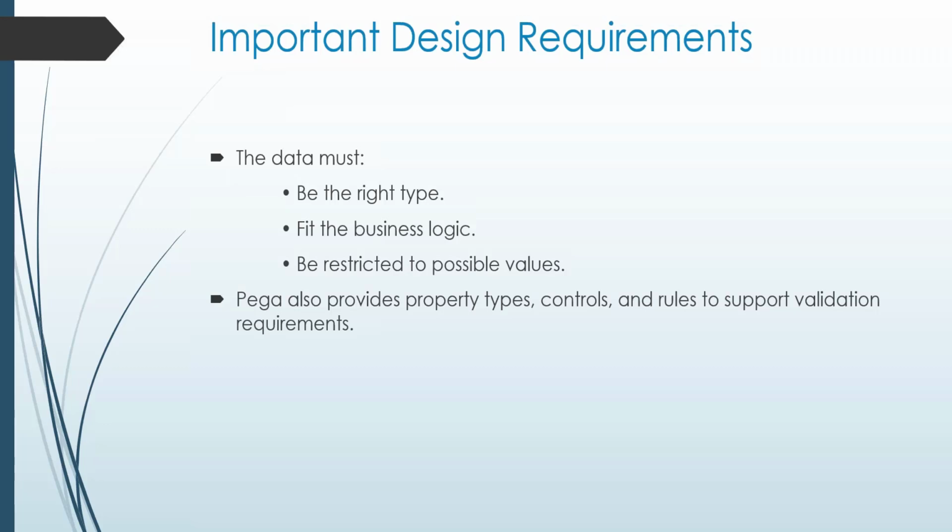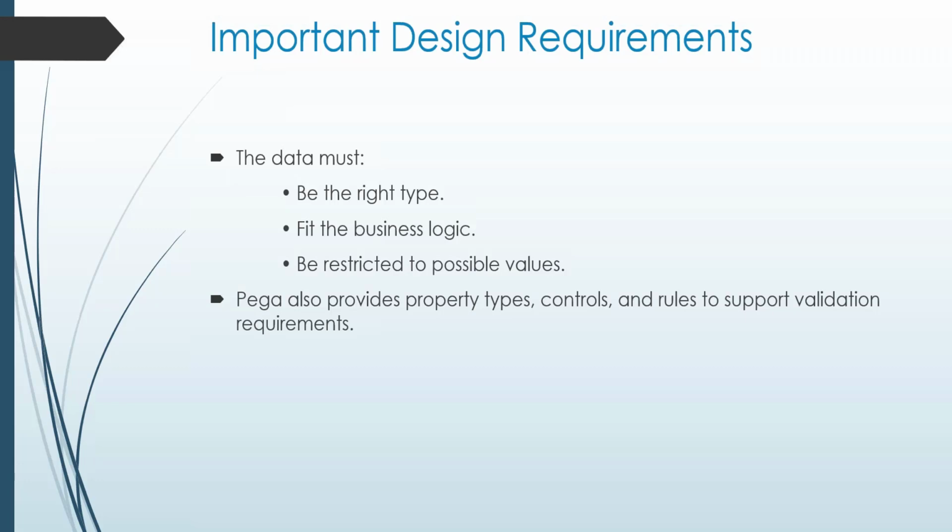If it's a radio choice or a drop down, he can only select one of those. But if you put it as a text box, he can enter Lucknow, any international city, whatever they like. So that doesn't serve your purpose. So make sure you restrict them to possible values.